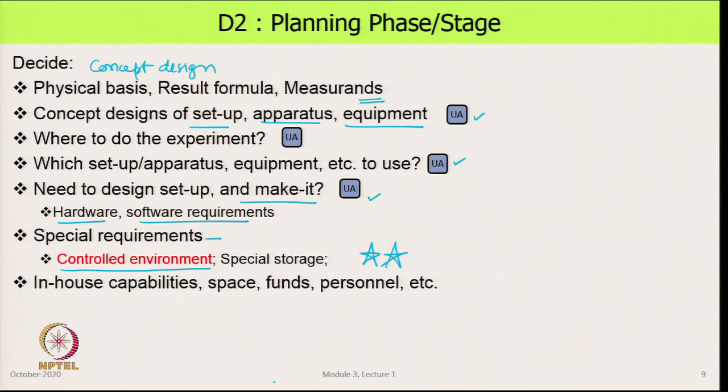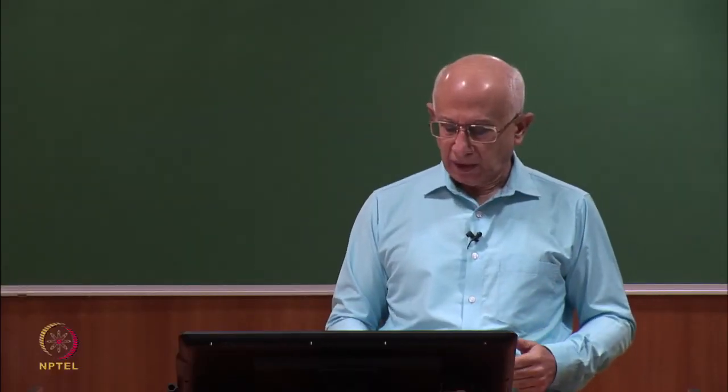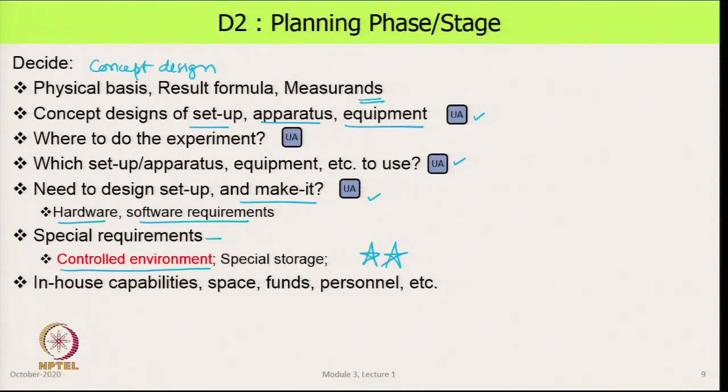We say that I want the temperature in the laboratory to be within plus minus 2 degrees Celsius. I want a dust free environment. These are real issues that we face, and that complicates the setup quite a bit.